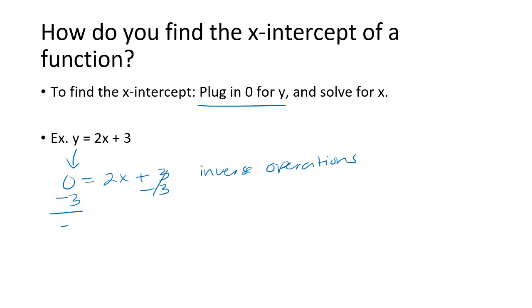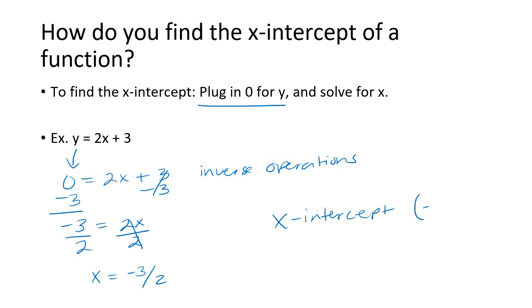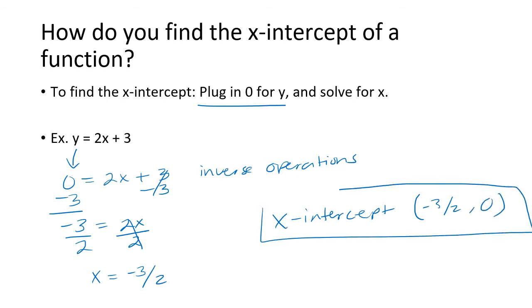And that's going to give me -3 equals 2x. Divide by 2. And I get x equals -3/2. So my x-intercept is at -3/2, 0.